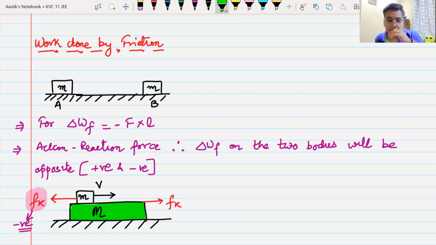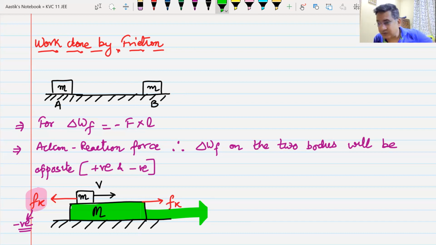The green body will move towards right. And why is it moving? Because of which force is this body moving? Because of frictional force.